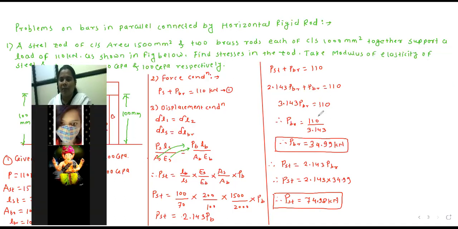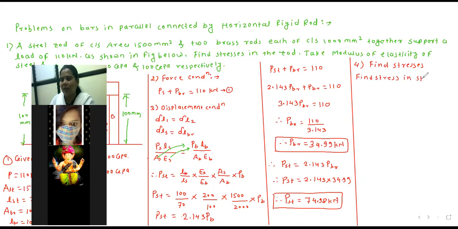Okay. Now the last step. In our problem, we have to find out stresses. Look at what we were asked to find out: stresses. And what have we found so far? The loads. So our last step, number 4, is to find stresses. First we will find stress in steel.